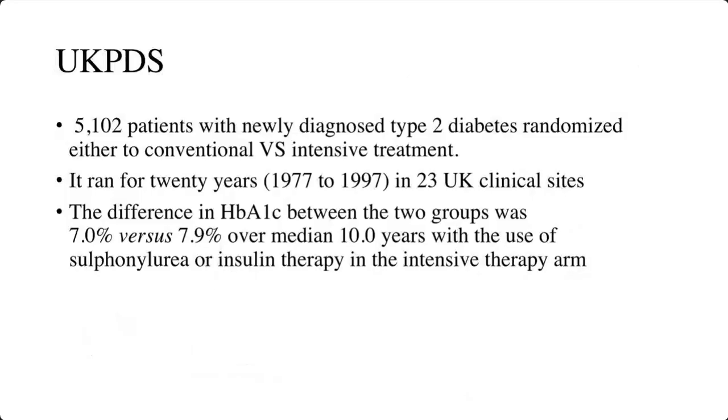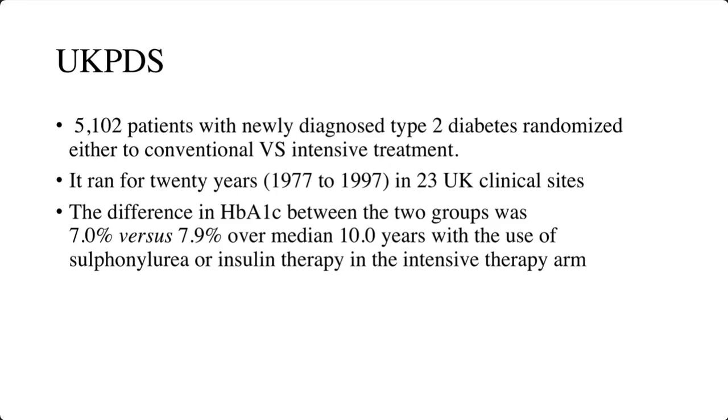So the second landmark trial is UKPDS, and this is the landmark trial done on type 2 diabetes patients. This was also done in the last century, on more than 5,000 newly diagnosed type 2 diabetes patients. They were randomized to conventional therapy versus intensive therapy.